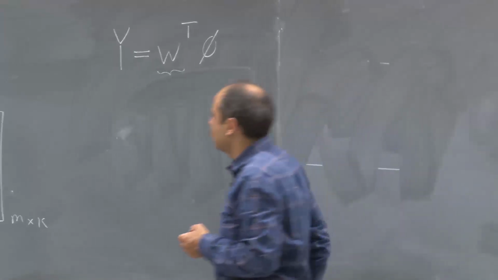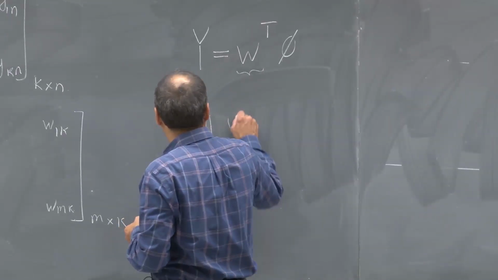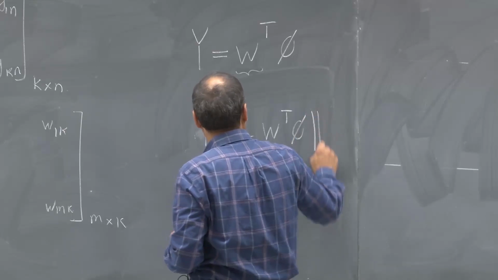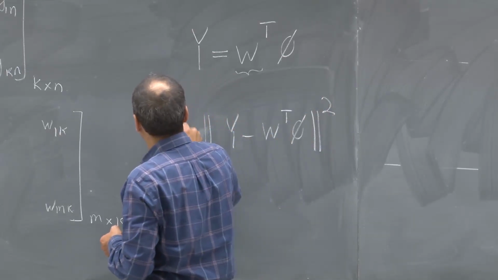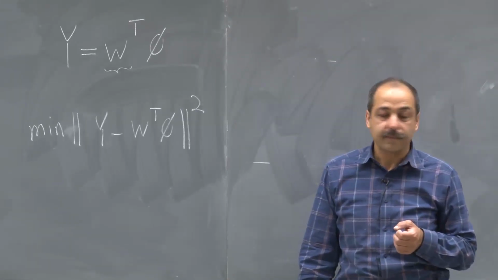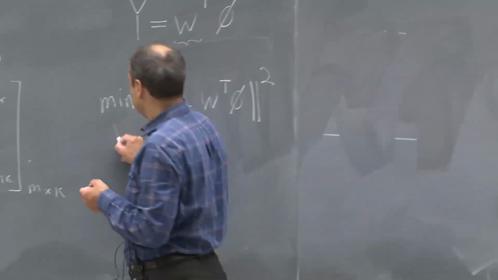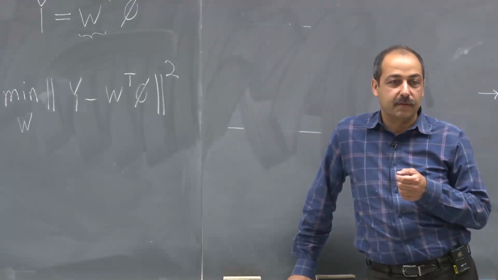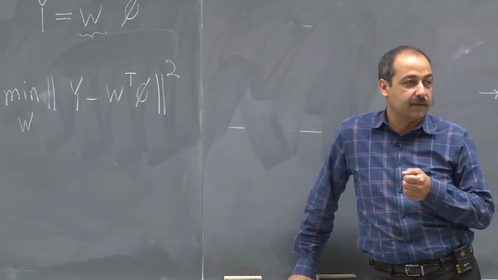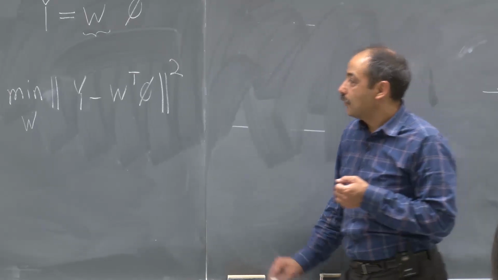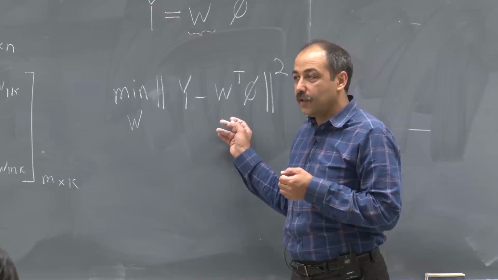Least squares. I can minimize this and find W. So should we do gradient descent again?